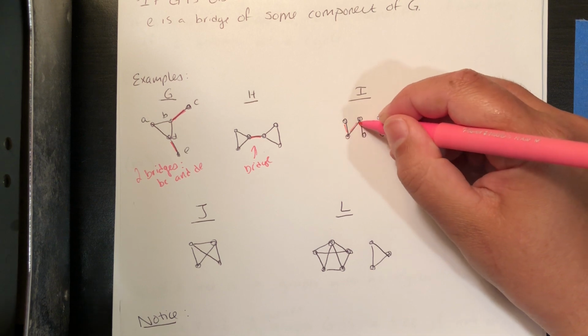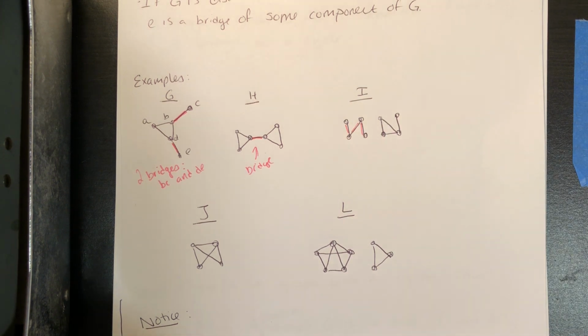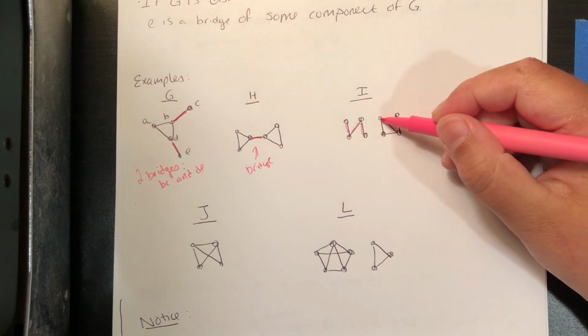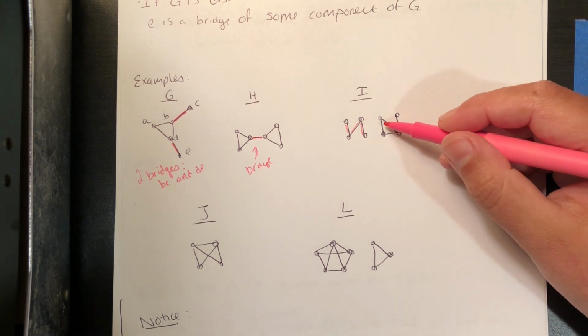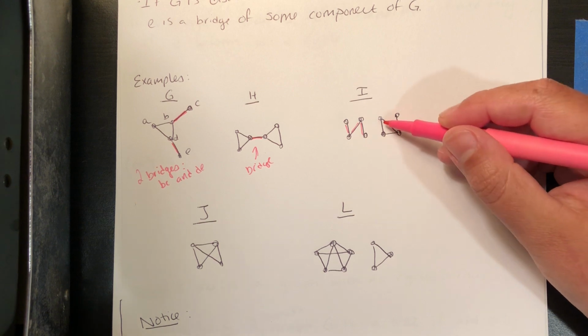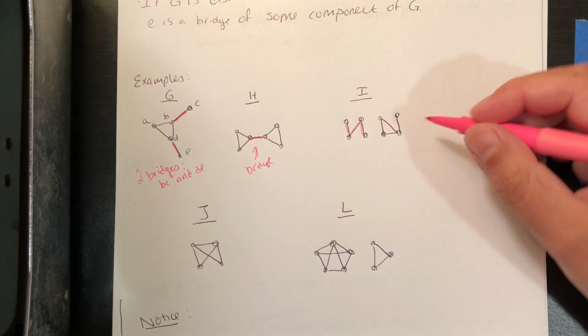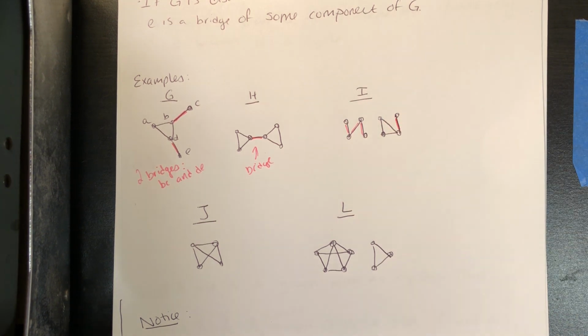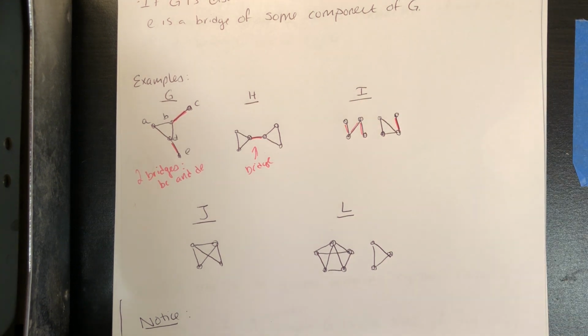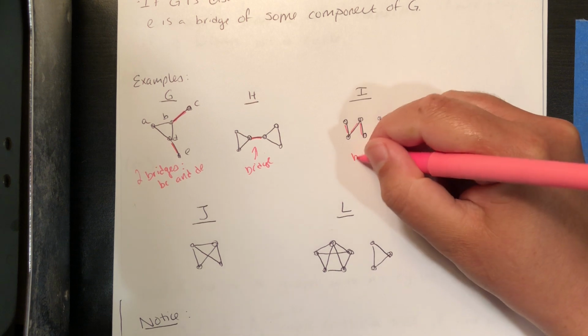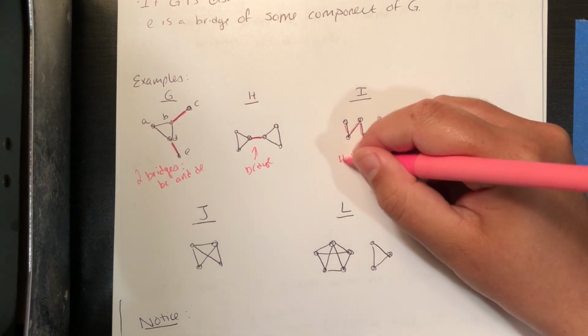So all 3 of these are bridges. And in the second component, again, those triangles, removing any of the edges of the triangle does not disconnect the graph, but if we remove this here, this would disconnect that component into a triangle along with a single vertex. So all of these are bridges. 1, 2, 3, 4 bridges here.